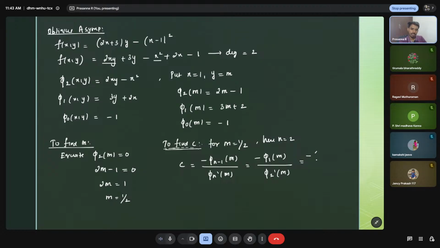Now what is P1 of m? P1 of m is 3m plus 2. P2 dash of m is what you get by differentiating P2, so it is 2, right? Now you put m is equal to 1 by 2. So minus of 3 times 1 by 2 plus 2, divided by 2. This will be minus of 3 plus 4 over 2, over 2, which is minus 7 by 4, right?